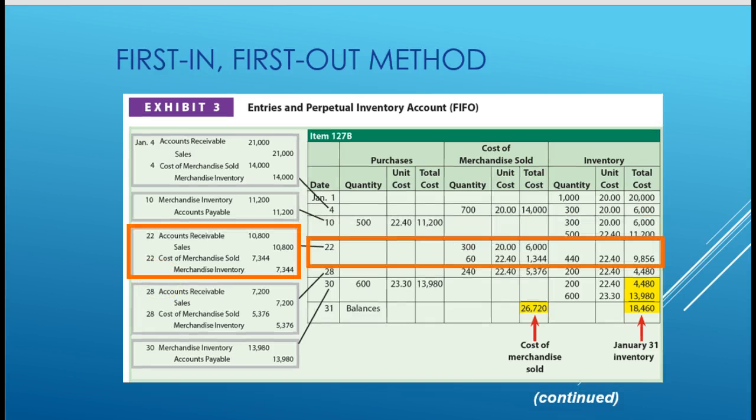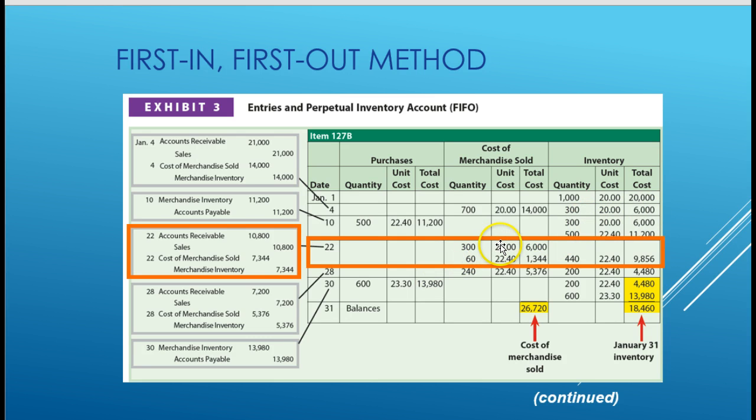Let's go to our next entry. It appears we sold some more. We sold $10,000 worth on the 22nd, a total of 400. Now, when I'm using first in, first out, I'm going to take 300 from this one.